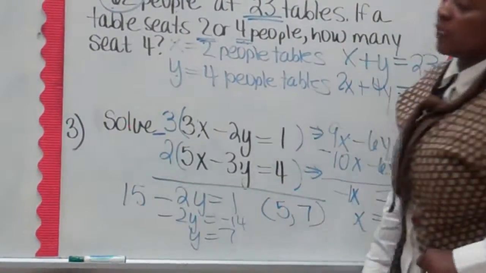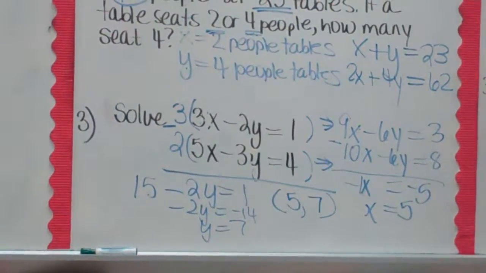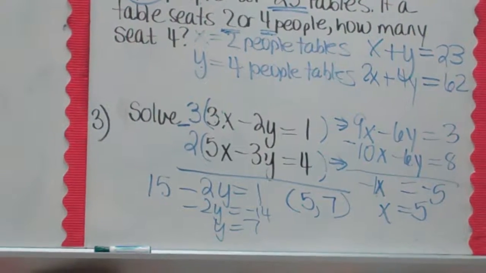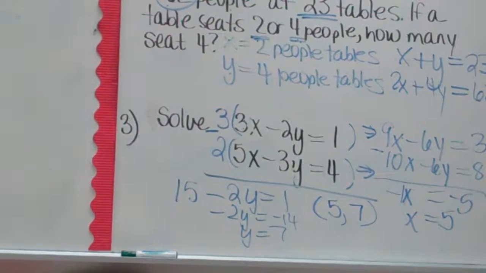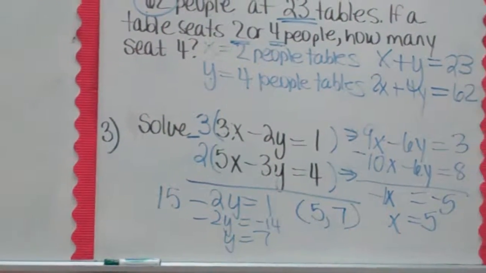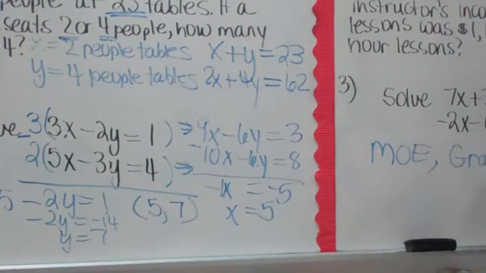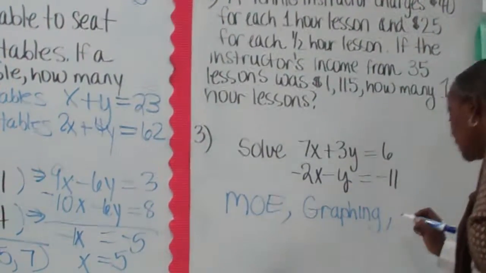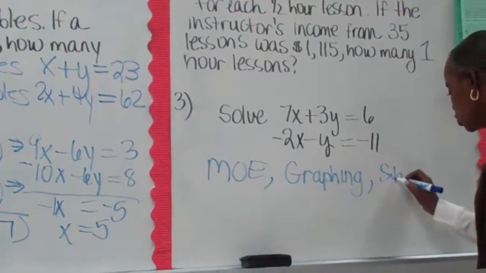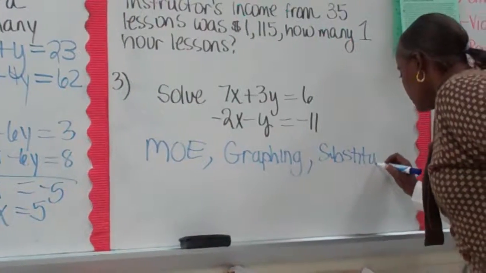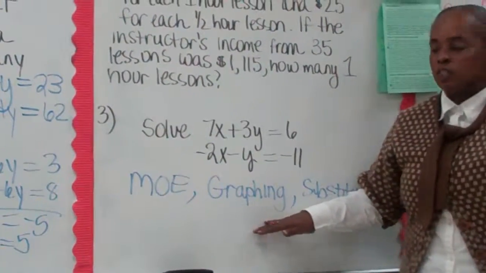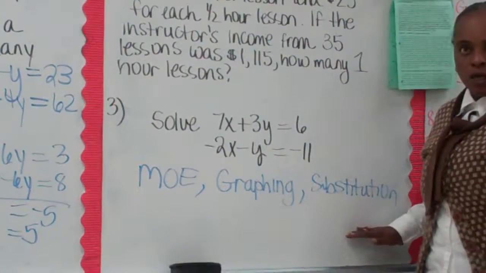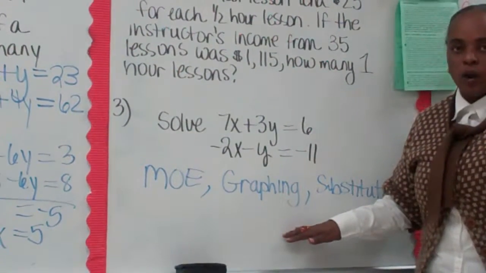Again, this is method of elimination. To solve a system, I'm going to put here that you can use method of elimination. You can solve by graphing. And you may be exposed to substitution already. There are many ways to do it. It's your job to choose one of the ways, and then find the correct answer.